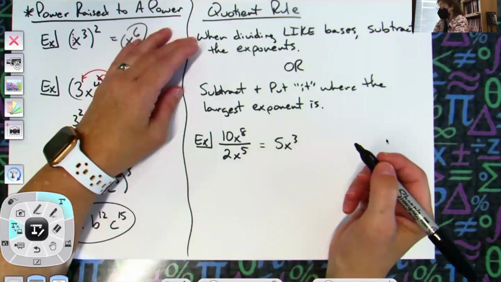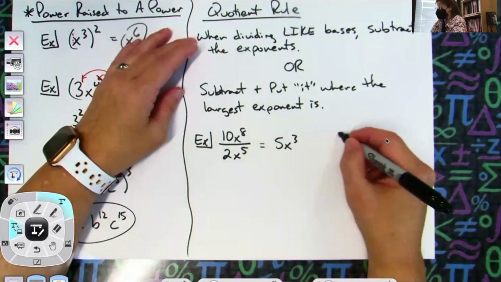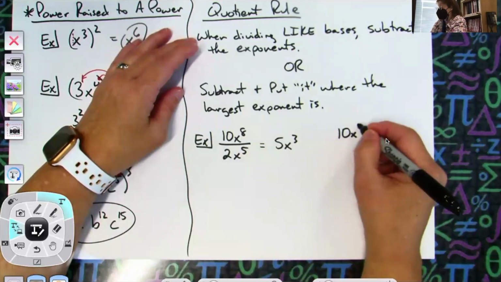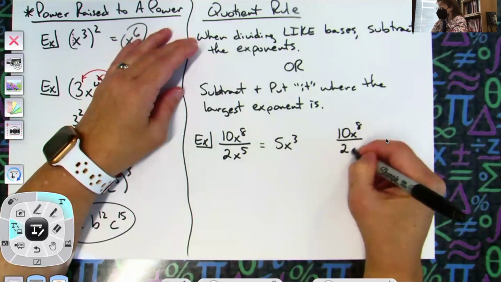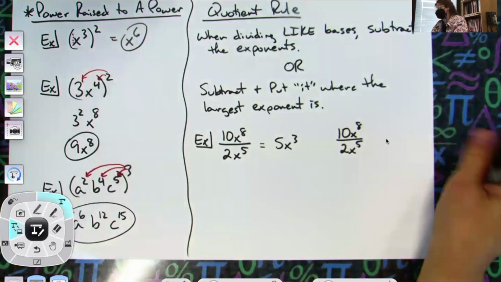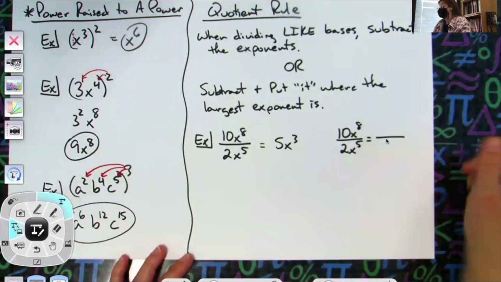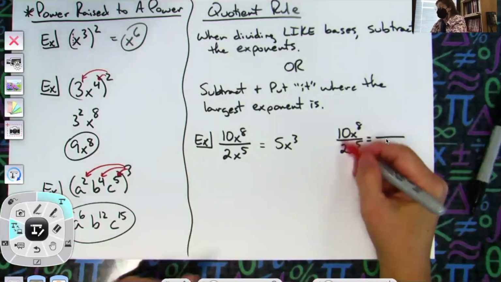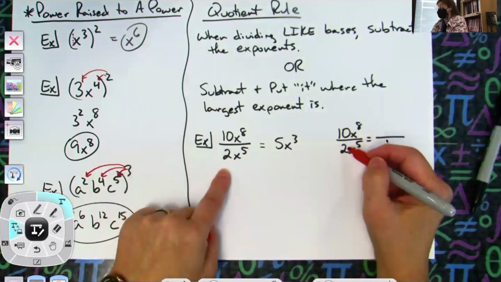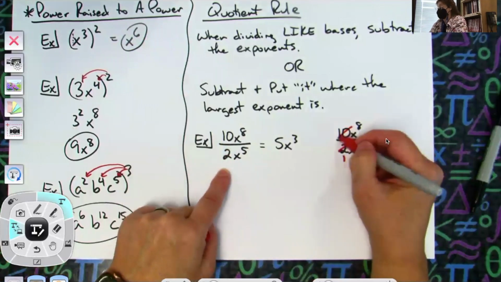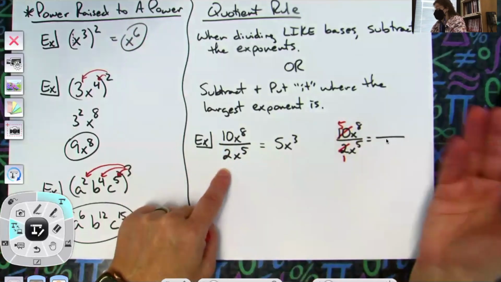Now, my rule, let's write it again. 10x to the 8th, 2x to the 5th. Okay, so leaving it as a fraction like that, you can reduce this like lowest terms like you would, right? 2 goes in 2 ones, 2 goes in there 5, all right? 10 divided by 2 is 5, same thing here.